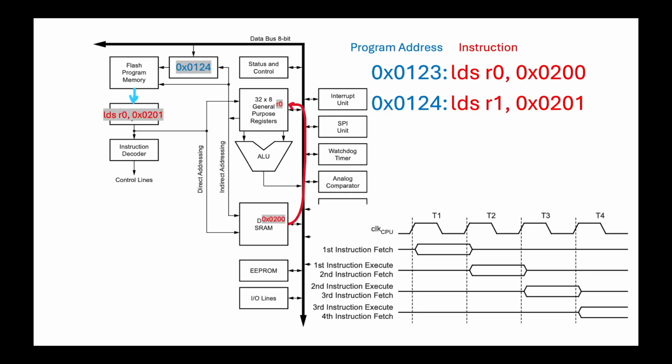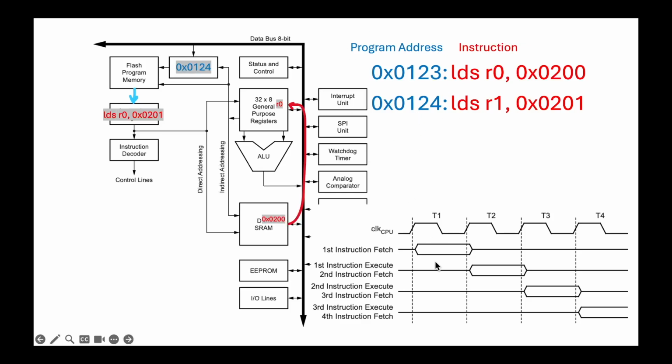This is possible because the fetching of the next instruction does not use the data bus, it uses the program memory bus. So this is a reason why the data memory bus and the program memory bus are separated in the AVR architecture. So we can do a simple pipeline of execute and fetch in the AVR architecture.